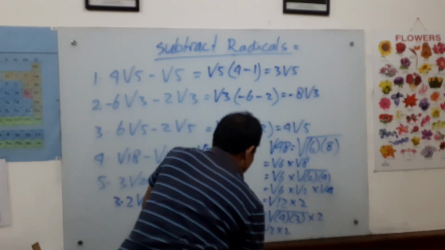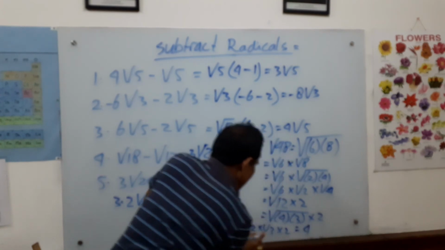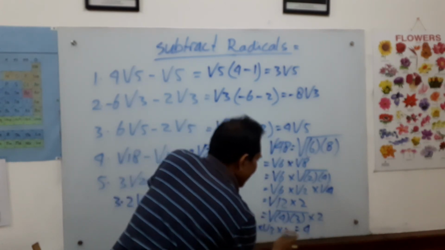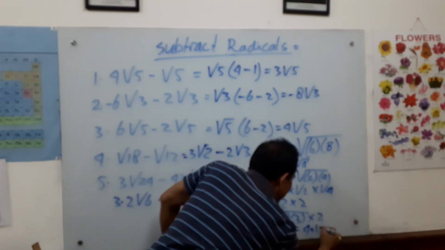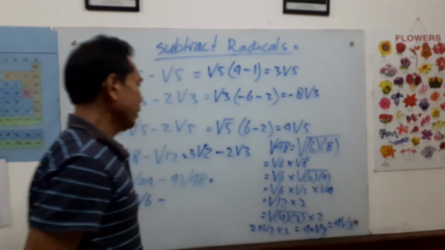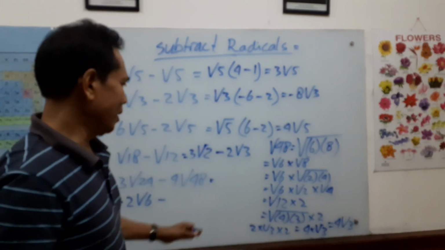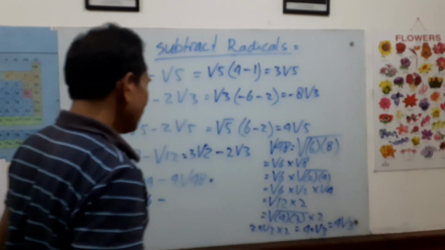So 2 times 2, 4. 4 times square root 3 equals 4 square root 3. Okay, so the answer is square root 48 is 4 square root 3.